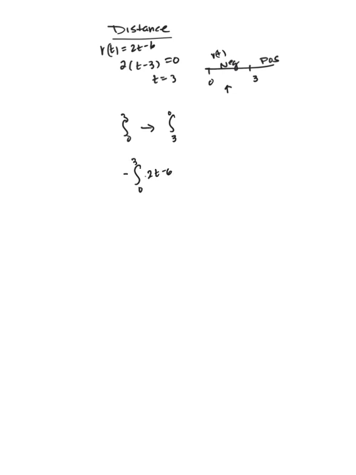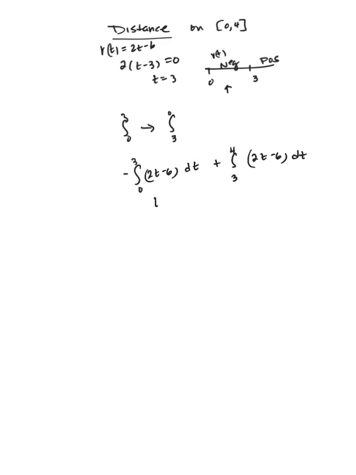So I'm going to integrate this, and then I'm doing this on 3 to 4, so I'm getting the distance on the interval from 0 to 4. From 3 to 4, I would just do it as it is. From there, you should be able to figure that out.